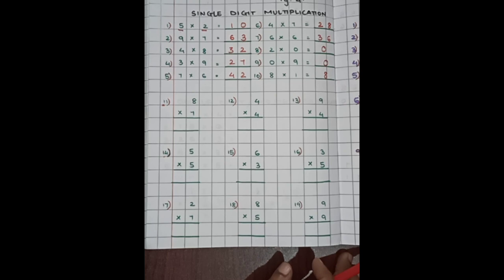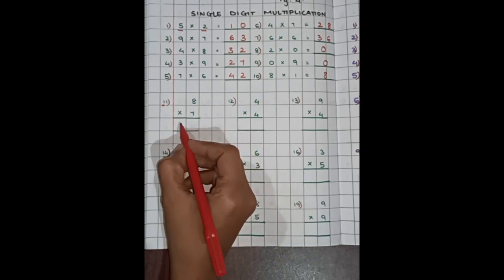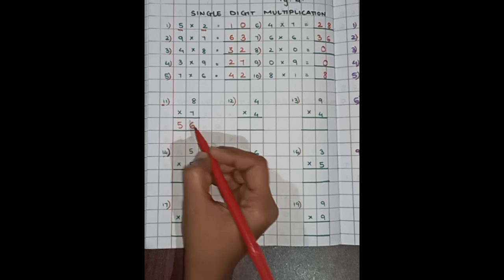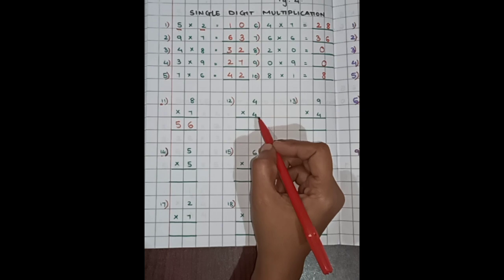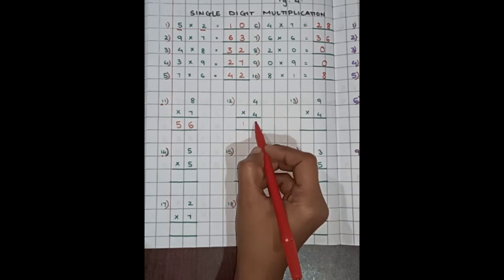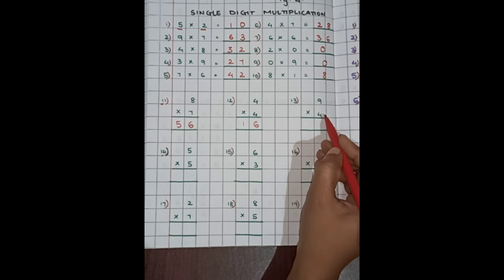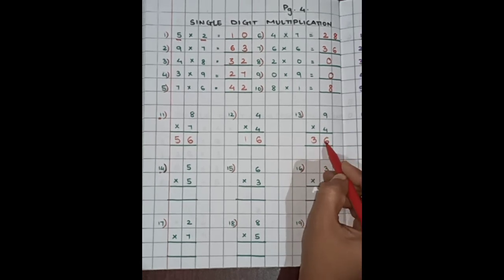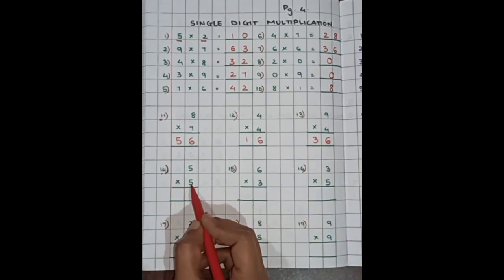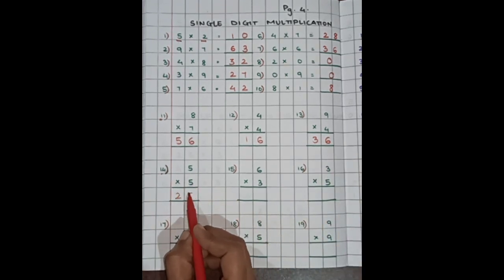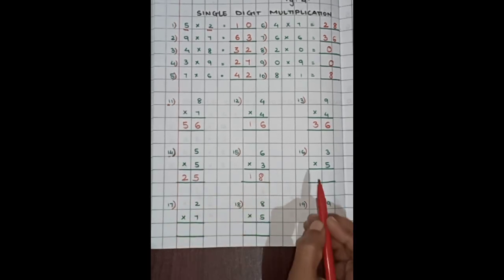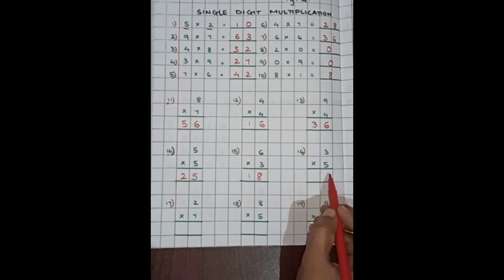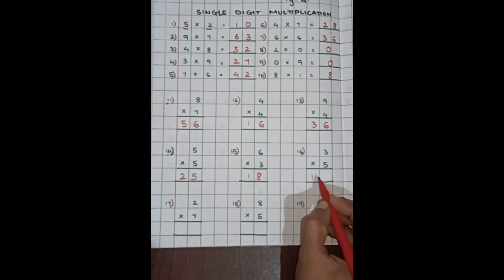What is 8 sevens are? 8 sevens are 56. Not the second one, but the 12th one. 4 fours are 16. 9 fours are 36. 5 fives are 25. 6 threes are 18. 3 fives are 15.